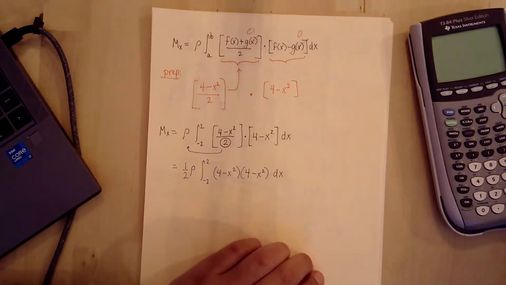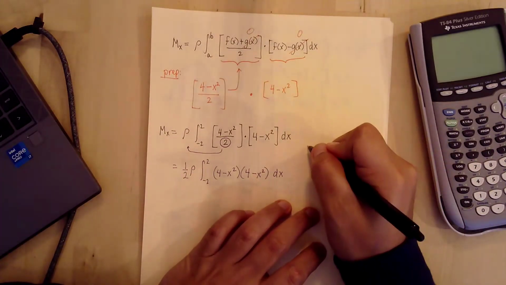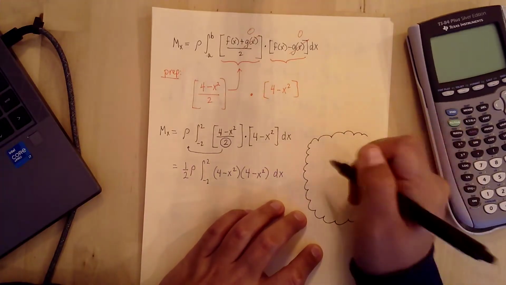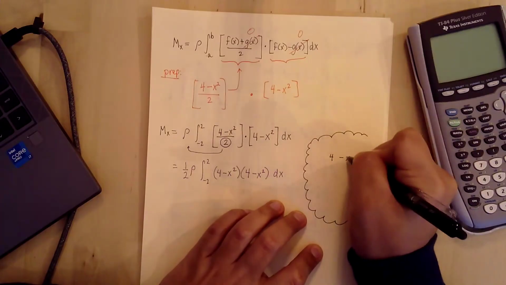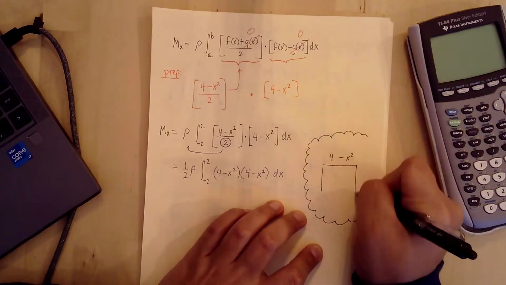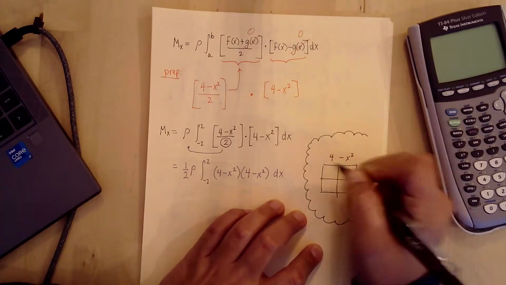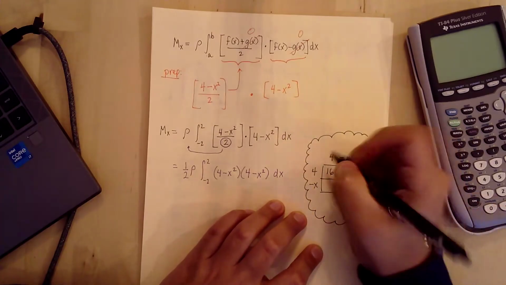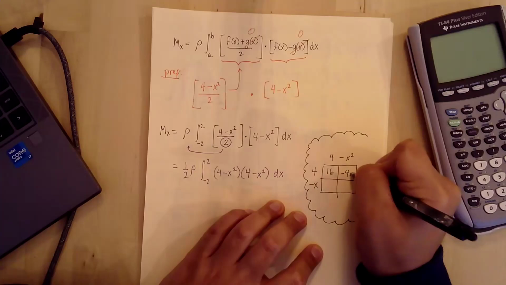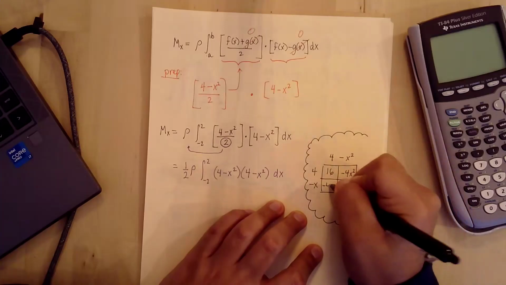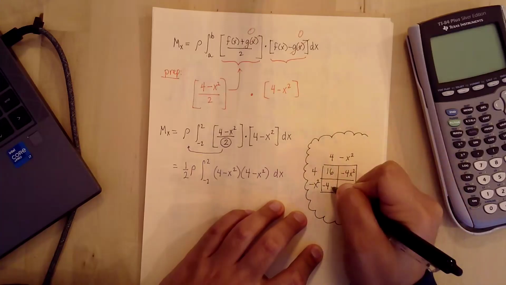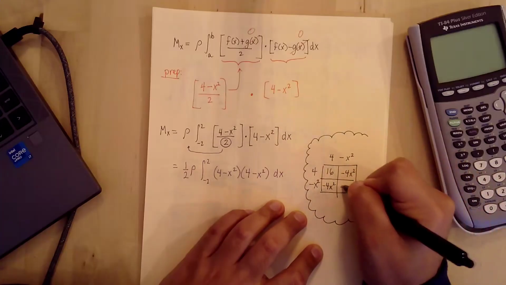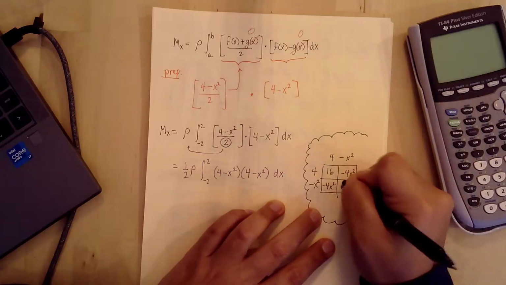So, like I said, we want to step outside and do a little bit of algebra just to prep for ourselves, for our sanity's sake. We have 4 minus x squared, and we're multiplying that by 4 minus x squared. This is going to be 16. This is going to be -4x squared, and -4x squared also. And then this will be a positive x to the 4th.